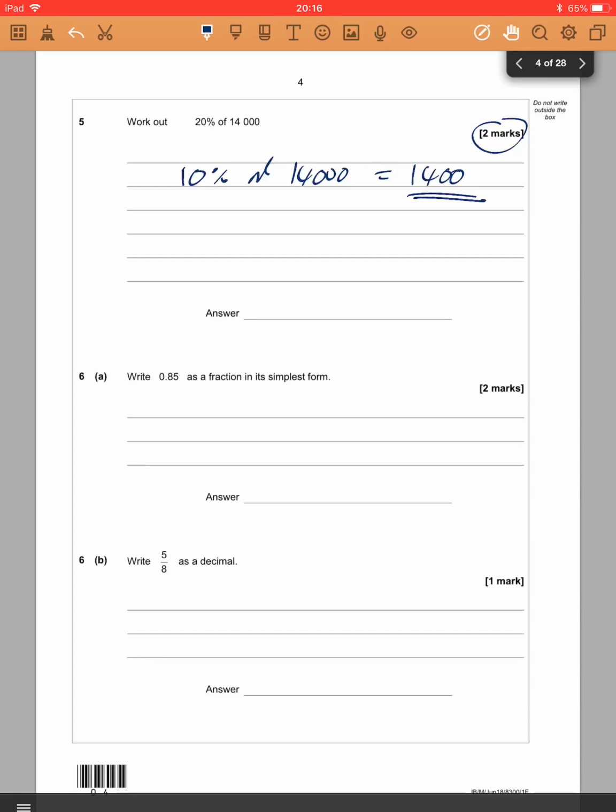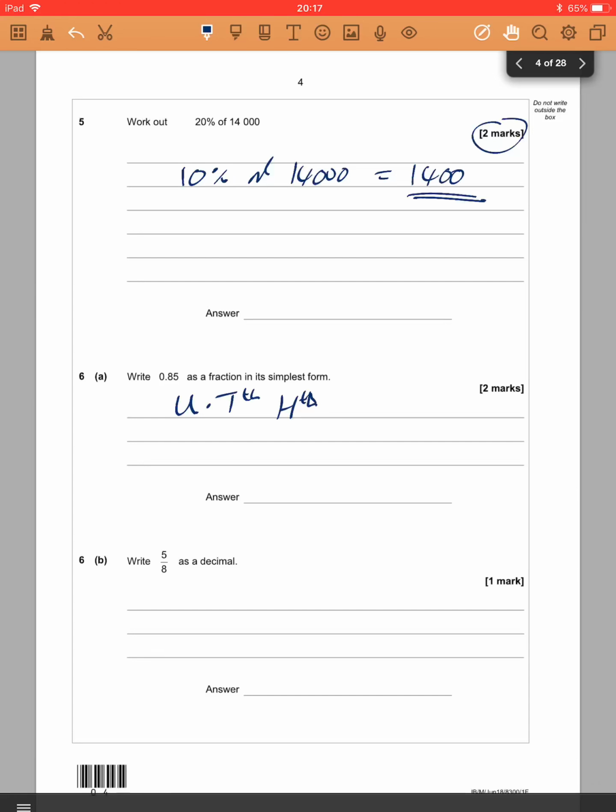Right, 0.85 as a fraction in its simplest form. Now the key to this is knowing your place value. If we have our decimal point, to the left of the decimal point are the units, or the ones. To the right we have tenths, and then we have hundredths, and then if we're going further, we'll have thousandths and 10,000ths and so on.